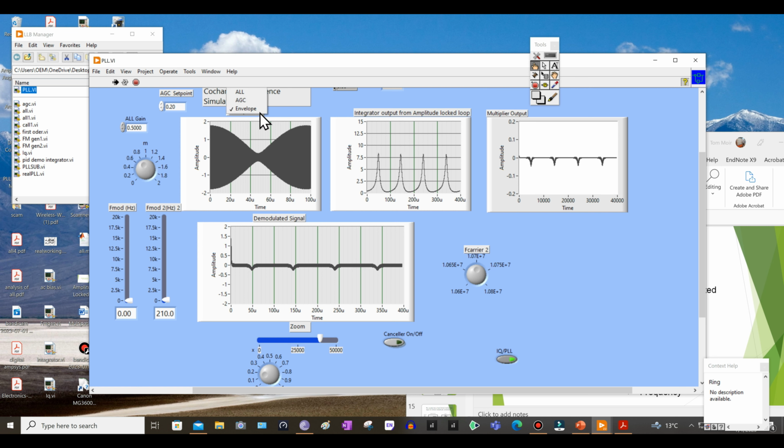The amplitude lock loop, we actually put an automatic gain control in this one. In the original we didn't have an AGC, so we just scaled things manually with the electronics. The amplitude lock loop has a recovered carrier, at quite a small difference frequency.